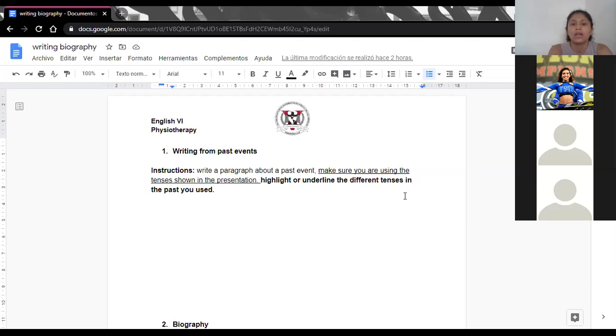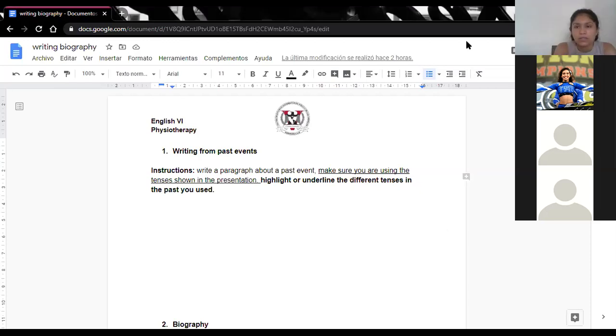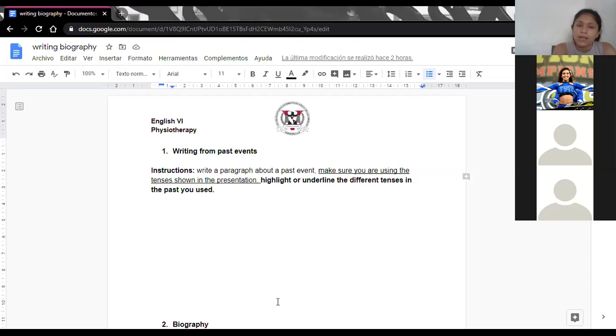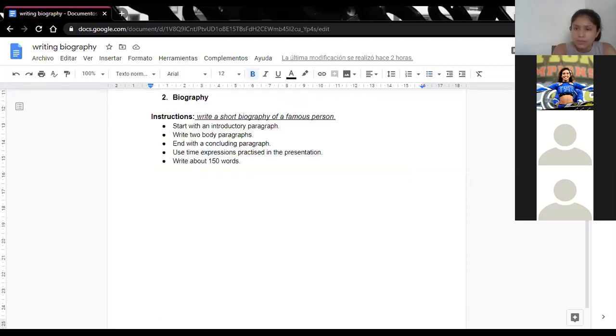Okay, and then the other part says biography. Okay, so it says instructions. Write a short biography of a famous person. With short, I mean that don't get too complicated, guys.